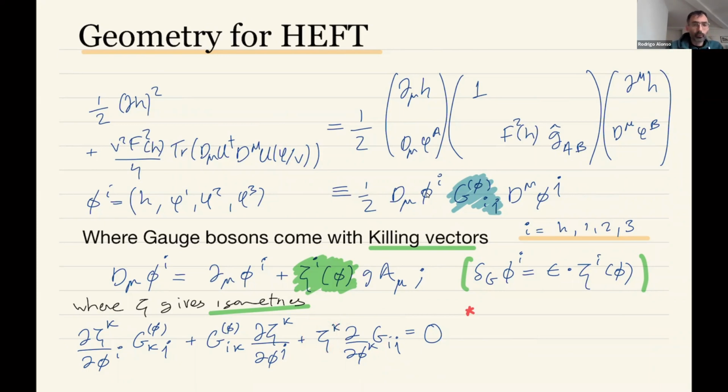And this is actually the answer of geometry to the question that we posed a while ago of how do Goldstone bosons transform under this highly nonlinear symmetry transformation. And the answer to that, that infinitesimally this Killing vector gives us, is again in that old notation, the variation of the field phi with respect to gauge transformation G, is those epsilon parameters that we use to parameterize the group element contracted with these Killing vectors, theta I of phi.